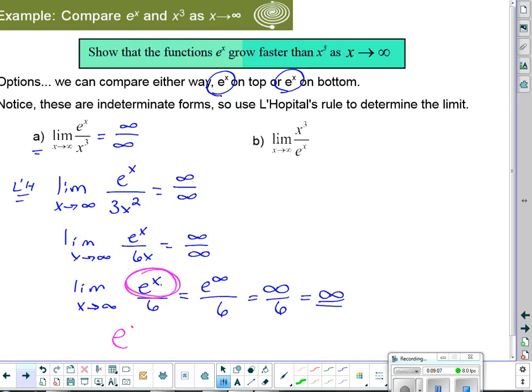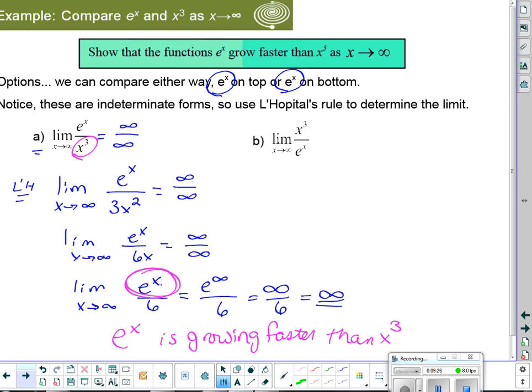So I now know that e to the x is growing faster than x cubed. Sorry about messing that one up.